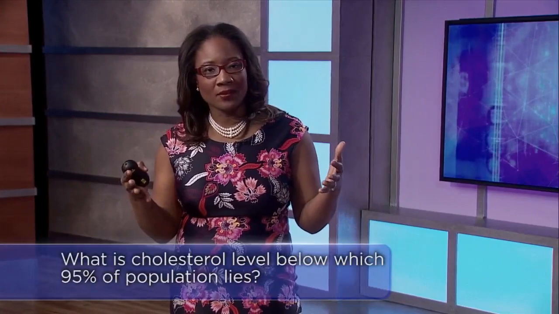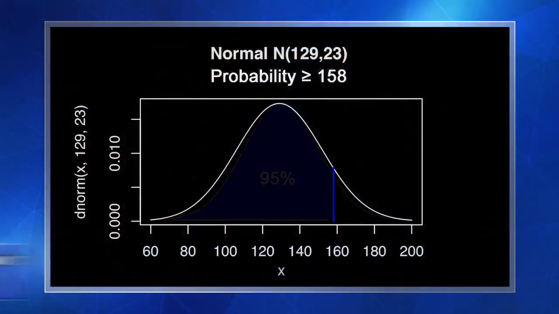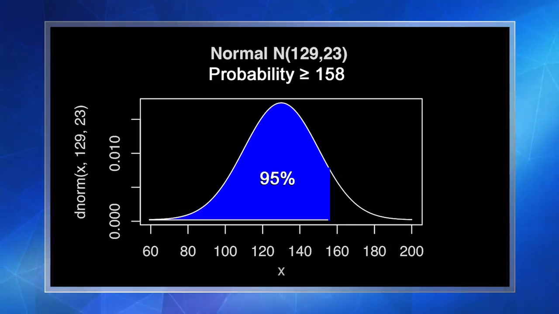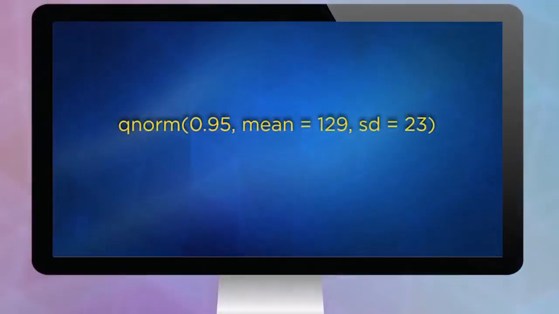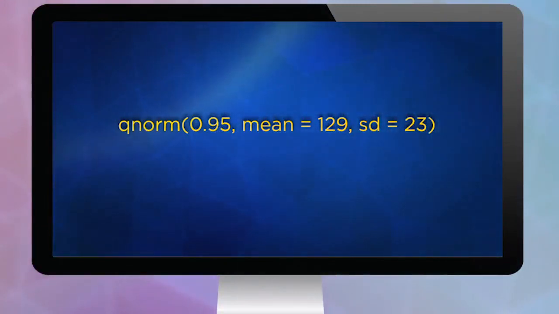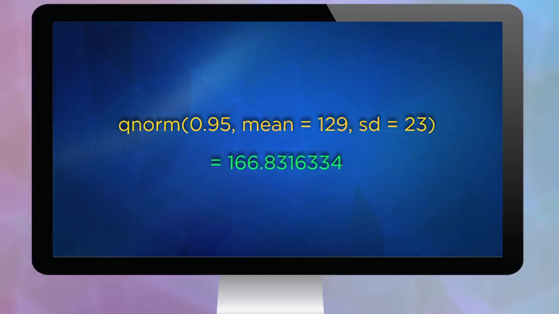Here's another question. What's the cholesterol level below which 95% of this population lies? Right? So now I'm looking at the actual cholesterol level where 95% of my population is below this. We can solve this directly in R with qnorm. qnorm of 0.95, specify the mean, 129, specify the standard deviation, 23, to give us a value of approximately 166.83.